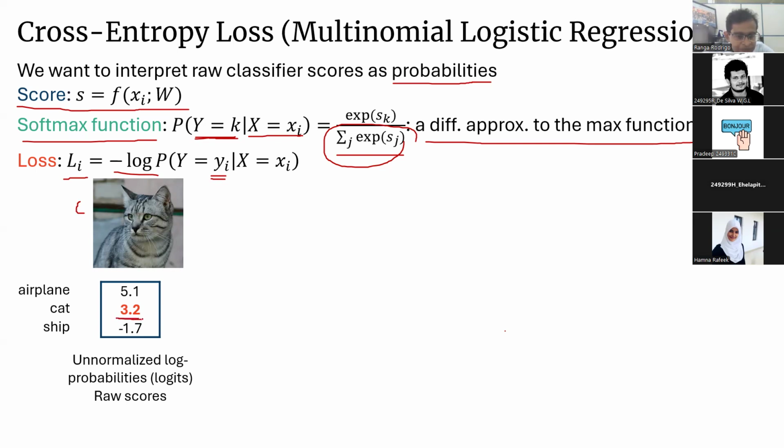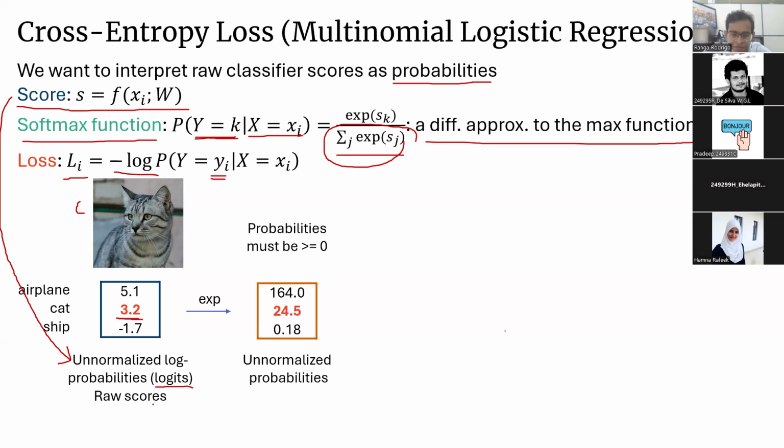You have to carefully watch this. The airplane score is 5.1. That is the highest, so you know that this classifier is making a mistake. The ship score is minus 1.7. These are unnormalized log probabilities or raw scores. These numbers are unnormalized, and they can be negative, they can have any value. Raw scores, we call them logits.